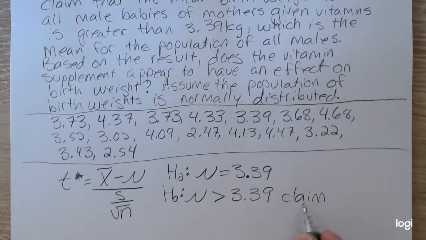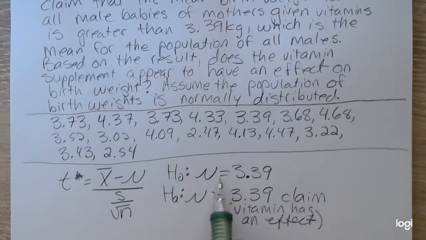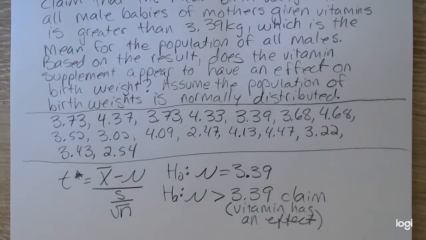So not only is this the claim, this would be the situation where the vitamin supplement has an effect. Because if it was the same, if there was no change, then the vitamin would clearly not have an effect.